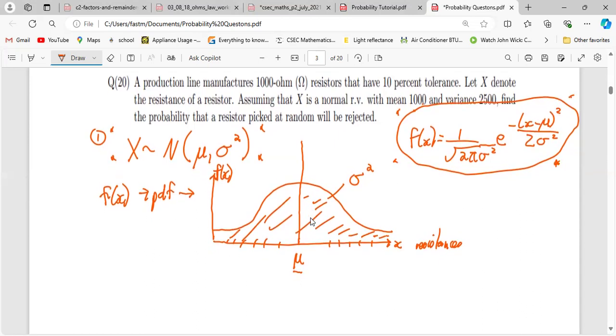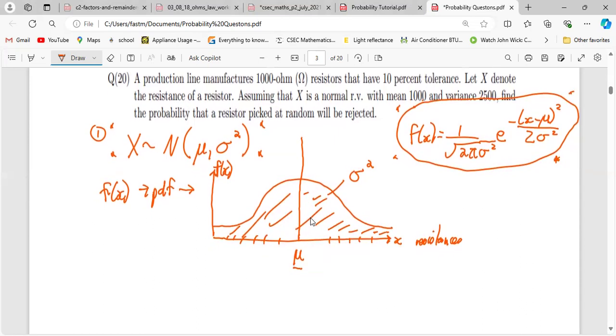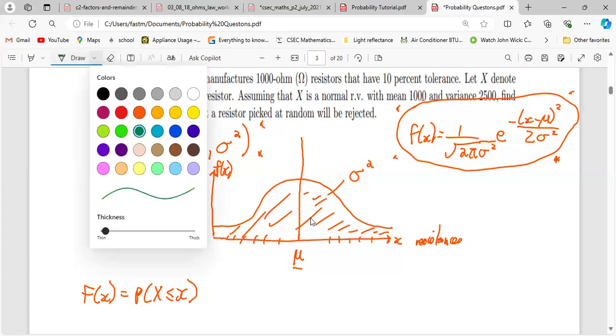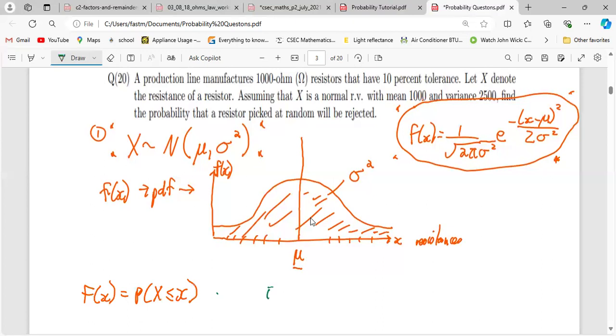So when we're doing questions, you'll have to use the CDF, which is the cumulative distribution function. This number is just the probability that x is less than or equal to some arbitrary value x. So how that will look on the graph, I'll change the color so you can see it.